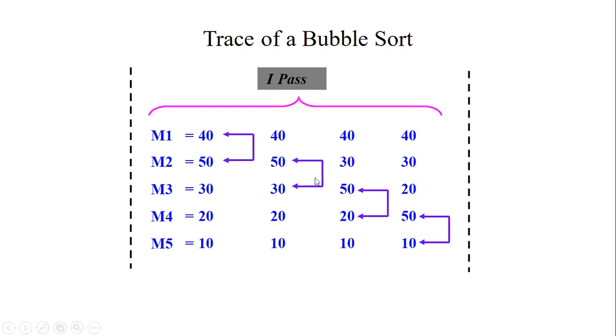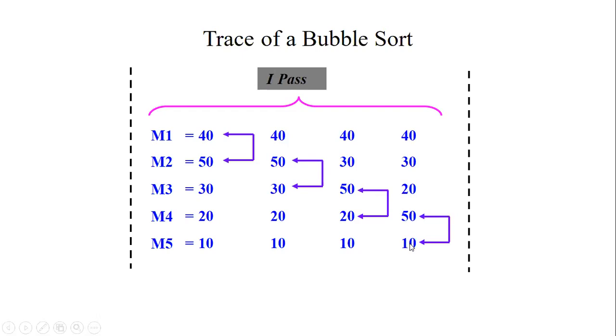Now the control is transferred to the next location, from 50 to 20. So 50 is compared with 20, and obviously 20 is less than 50, so the data gets exchanged and the new arrangement will be 40, 30, 20, 50 and 10.